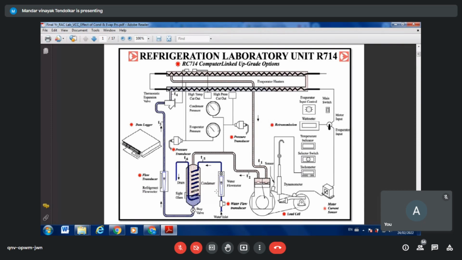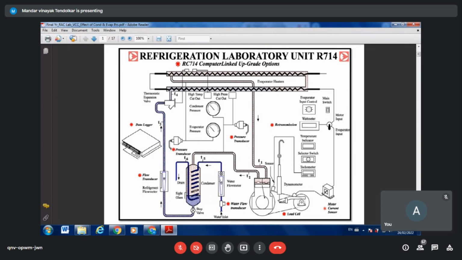And here also, by merely changing the mass flow rate of the water which is used for condenser cooling, how I can change the condenser pressure, because water is outside, refrigerant is inside the condenser. So whether I change the mass flow rate of the water from outside, how the condenser pressure changes, that is something which you have to tell.